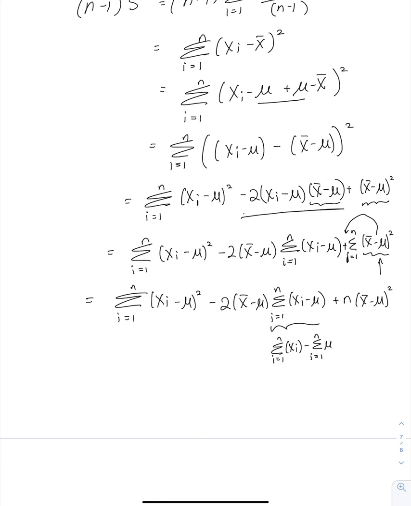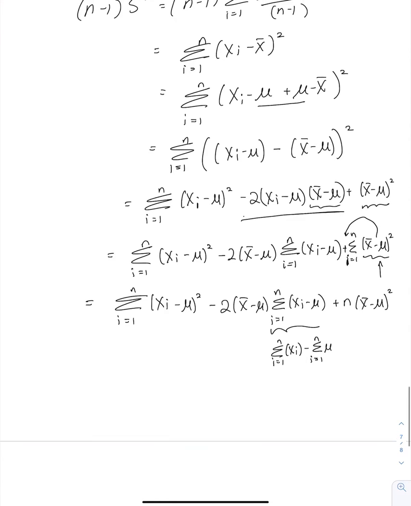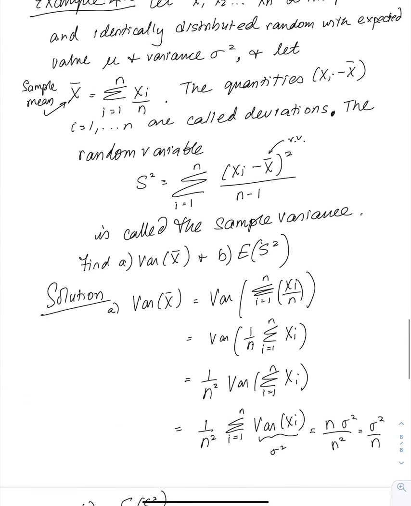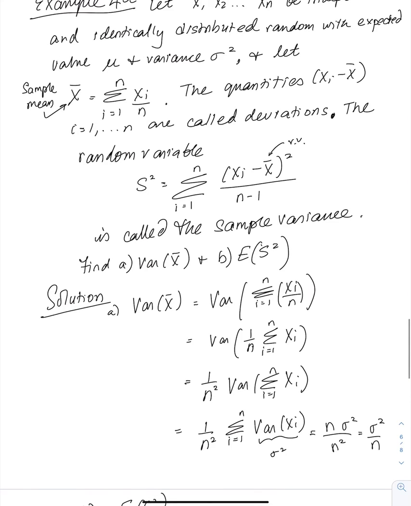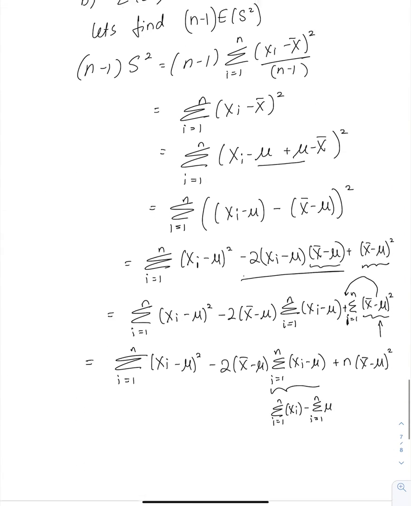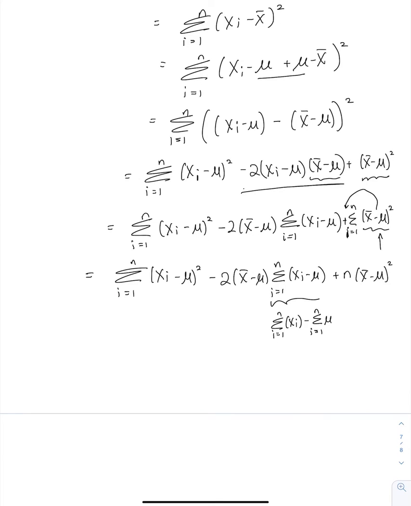Okay? And what do you have as summation i going from 1 to n of xi? Look at x bar. X bar is summation i going from 1 to n of xi over n. If you multiply both sides by n and pull this n out, this is exactly n times x bar, right?